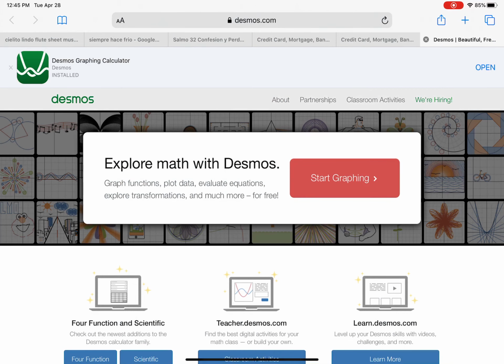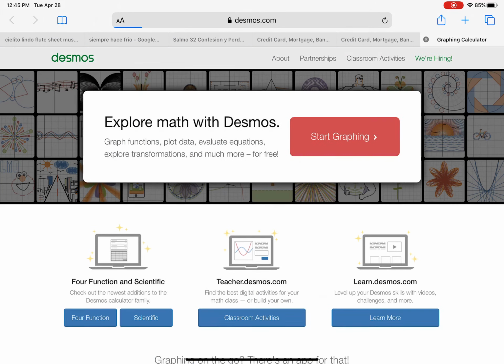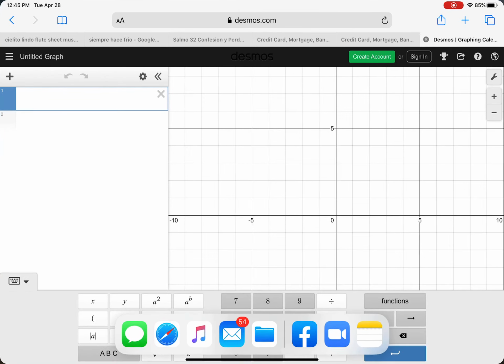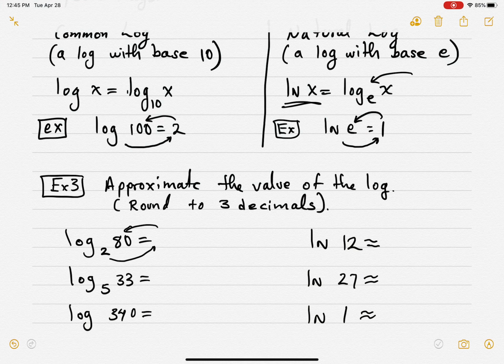You know what? I still have to explain to you how to enter these special logs on the calculator. So let's go ahead and evaluate it the way it is.